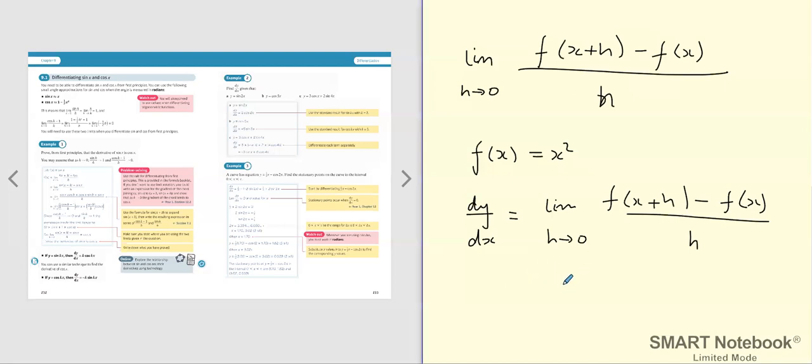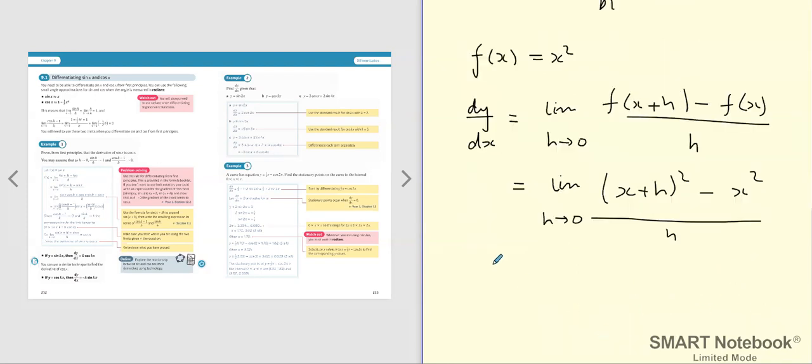The limit as h tends to 0, f of x plus h is going to be x plus h squared, because if my input is x and I square it, if my input is x plus h, I'm going to have to square that. Minus f of x, which is x squared, all over h.